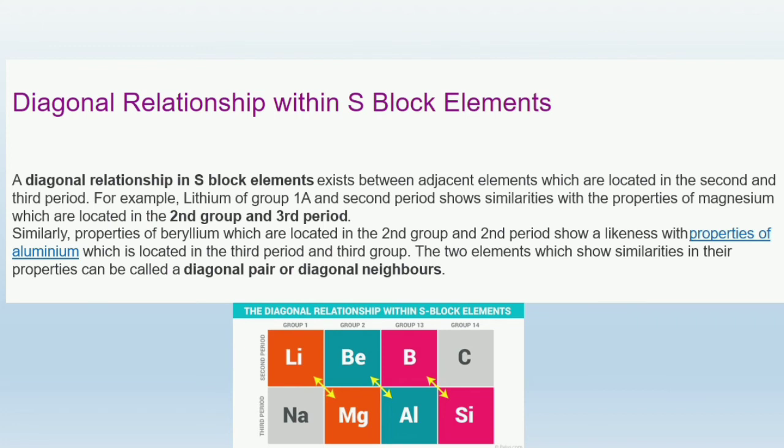Similarly, the properties of beryllium, which is located in the second group and second period, show a likeness with the properties of aluminium, which is located in the third period and third group. The two elements which show similarities in their properties can be called a diagonal pair or diagonal neighbors.